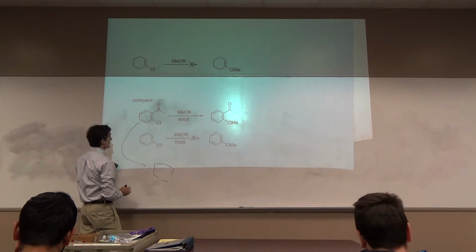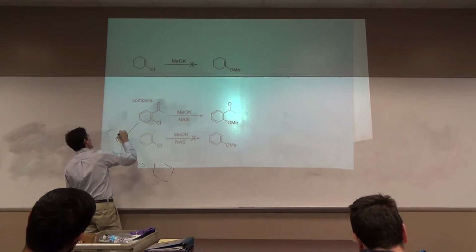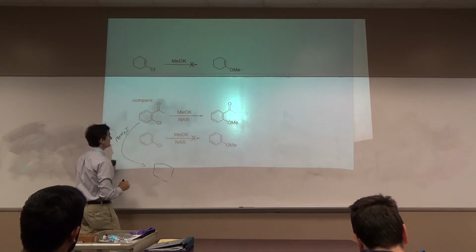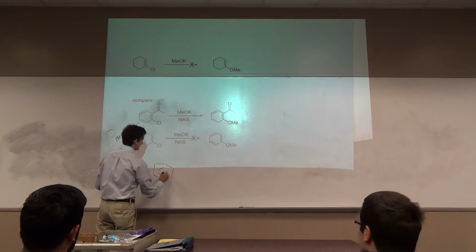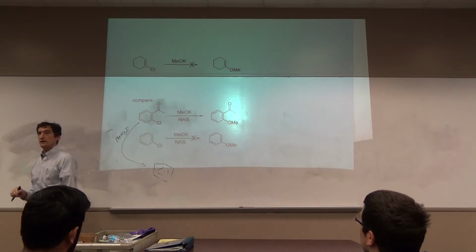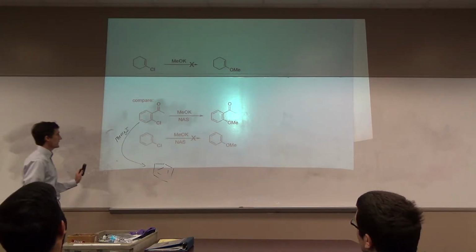So on the syllabus, okay? Let's react this with methyl magnesium iodide. What's going to be the product? There's the product if we react it with methoxide, potassium or sodium methoxide. What about this Grignard? What's the product?